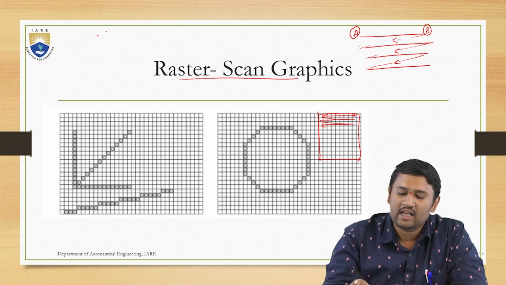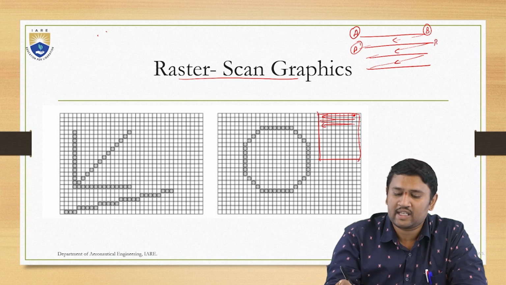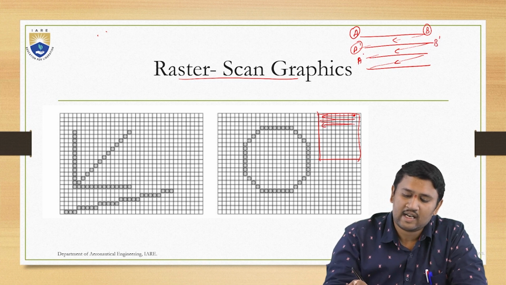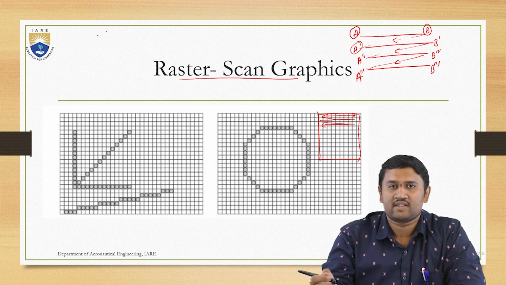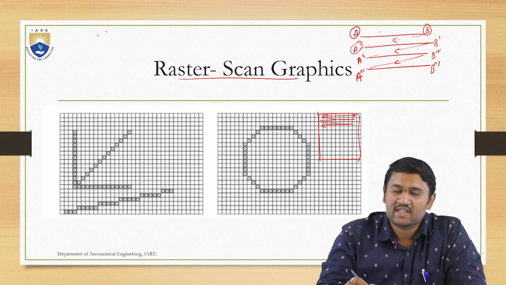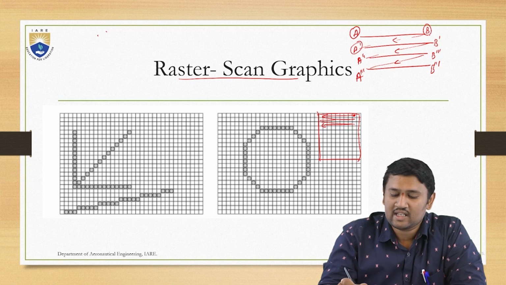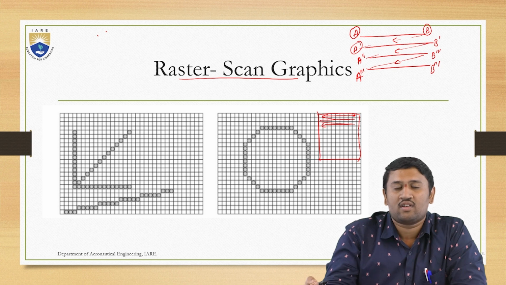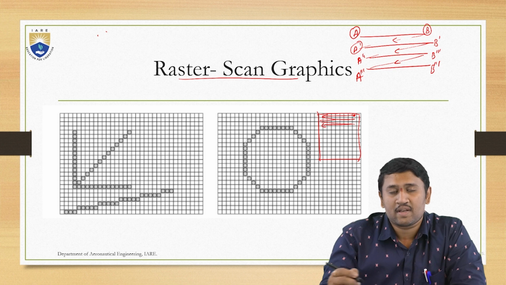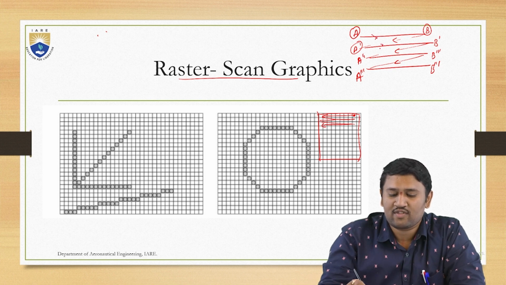Then from point B, it goes to the second row at A dash, again to B dash, next A double dash, B double dash, then A triple dash, B triple dash, and so on. The picture forms line after line and pixel after pixel, based on the quantity of electrons or the quantity of image data that you are putting in bit by bit. Based on that, your image is formed.